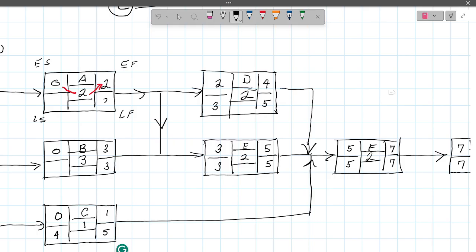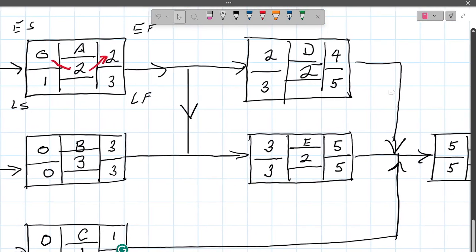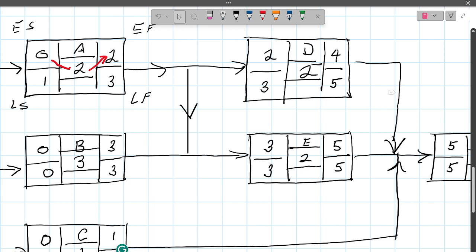And I'm going to put a 3 up here. Okay. 3 minus 3 puts me back to 0 day. Okay. 3 minus 2 puts me back to 1 in that box up in A. Everybody see the picture? Okay.